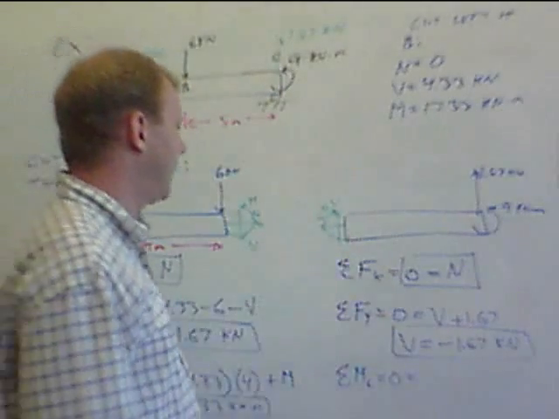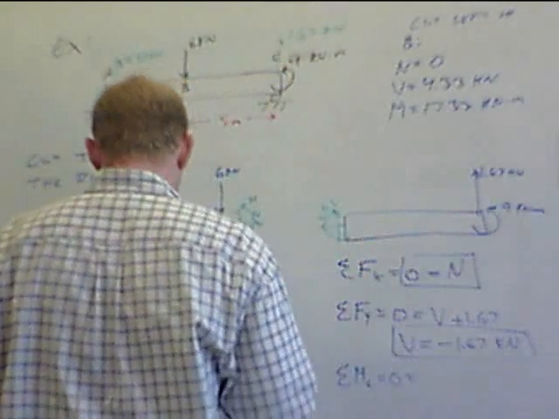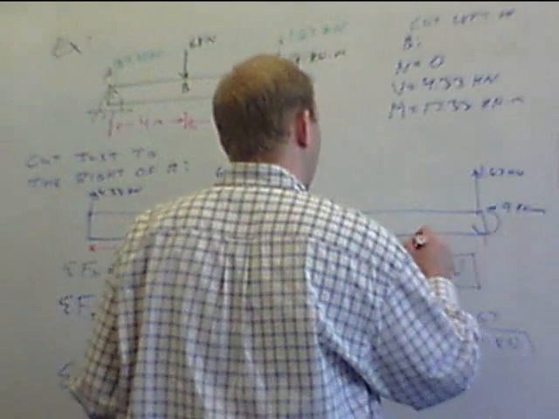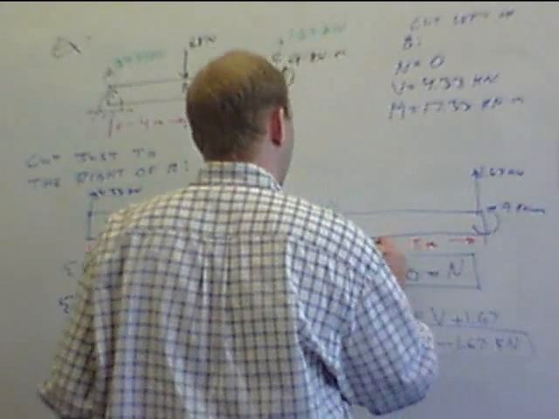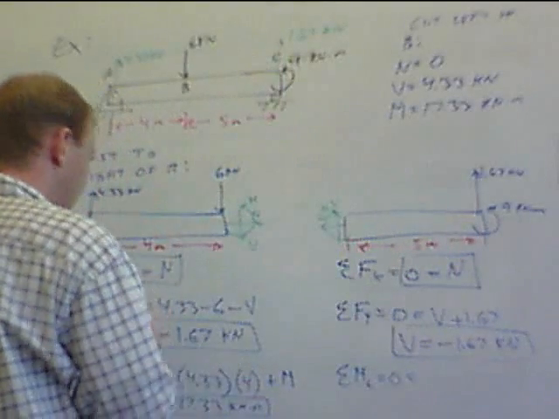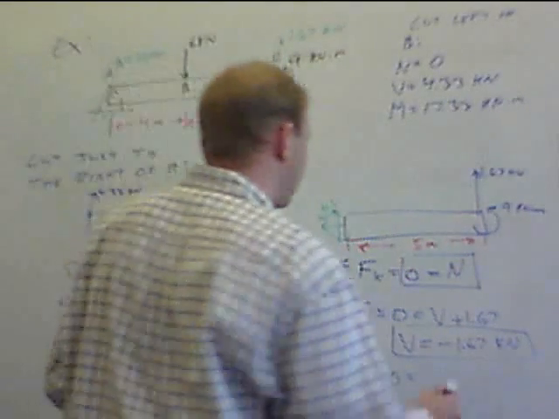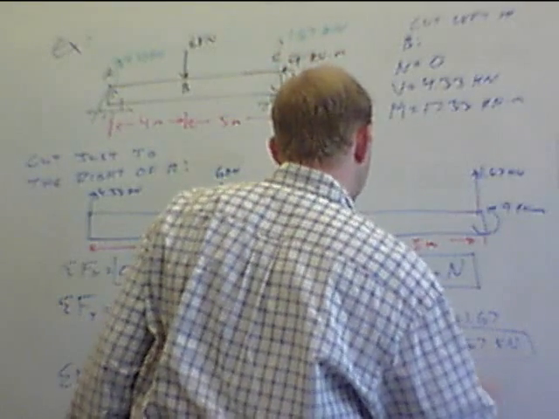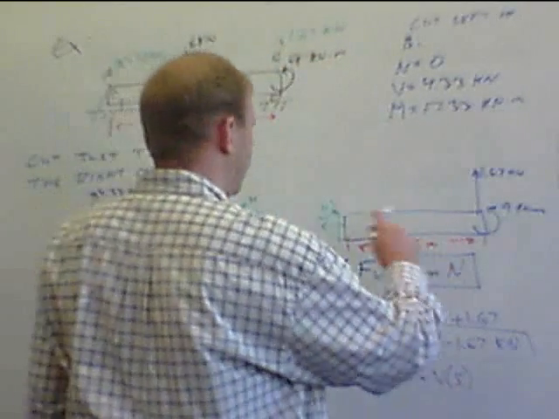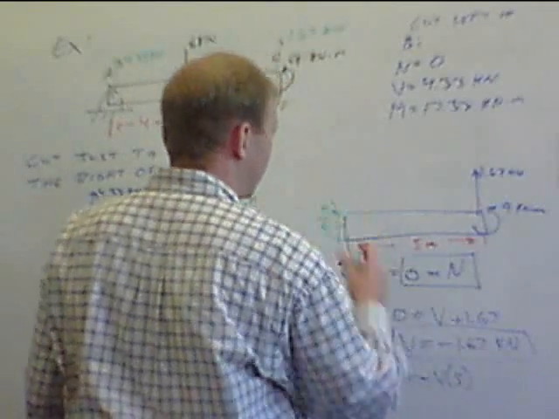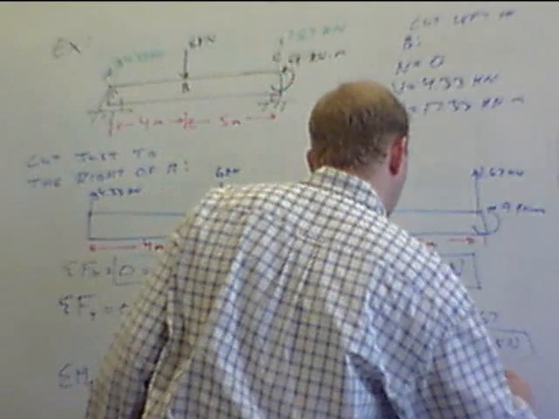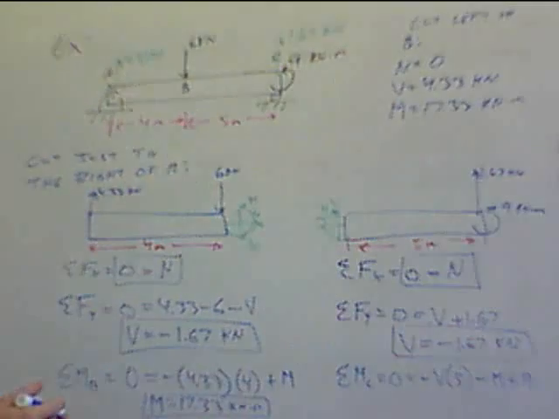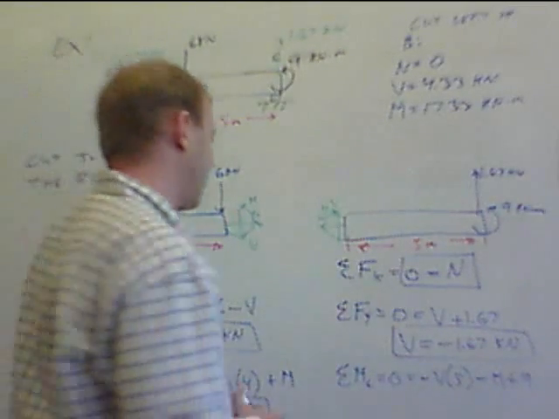So we have V times, well, this distance was 5. V is going to go clockwise, so minus V times 5 plus M, minus M plus 9. Plug in your V of minus 1.67.